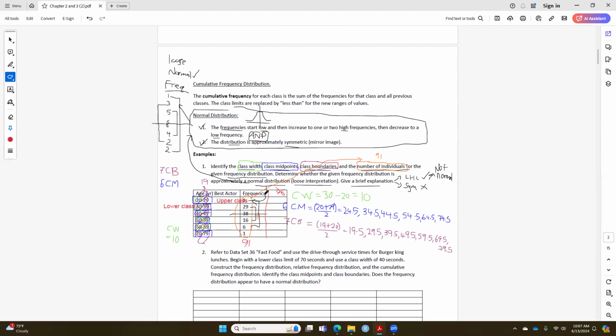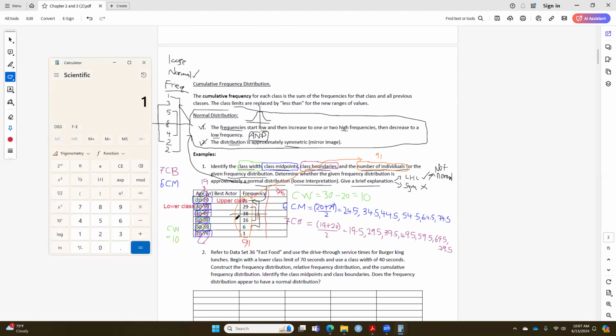And then, in order for us to figure out the relative frequency distribution, you take each frequency you have here over 91 and then times 100%. For example, I'll show it to you. 1, which is the first frequency we have for the first class, divided by 91 and then times 100%. So this is around 1.1%.